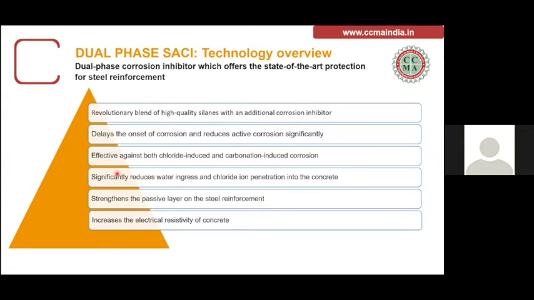As I said, it is effective in both chloride and carbonation induced corrosion, significantly reduces the water ingress, obviously because a silane based technology is there, and also prevents chloride ion penetration, strengthens the passive layer on the steel reinforcement, and increases the electrical resistivity. So these are the important parameters in terms of the technology that we look at.